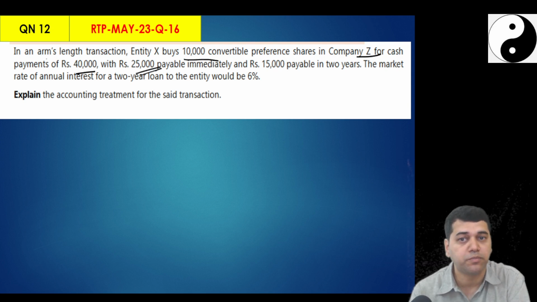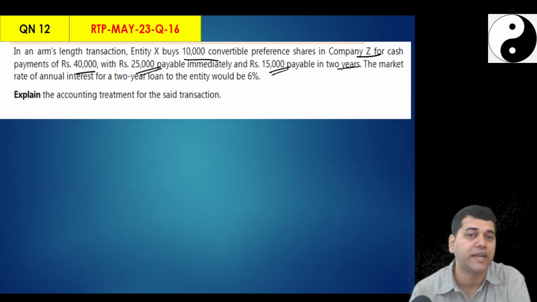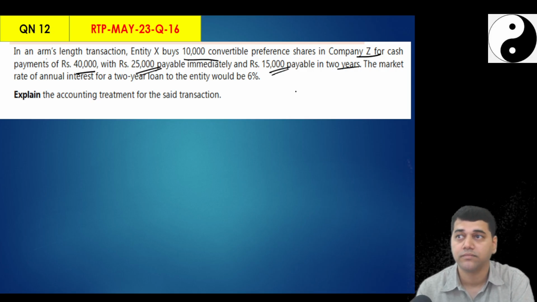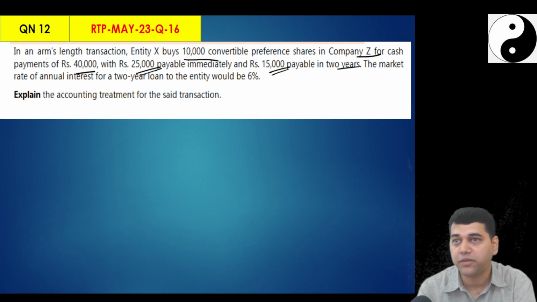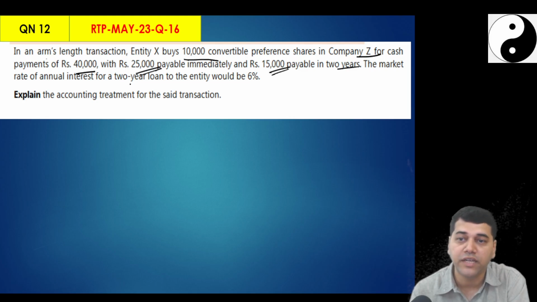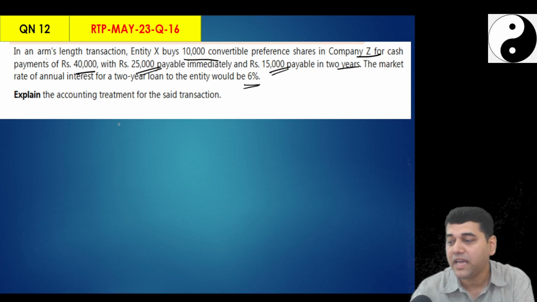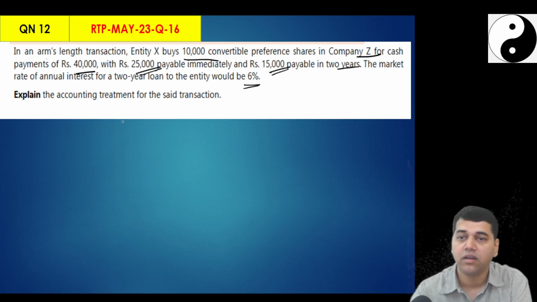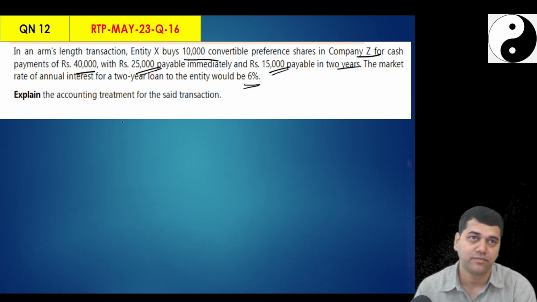So 25,000 is payable immediately and 15,000 is payable at the end of 2 years. So right now I have invested in the preference shares. The market rate of annual interest for a 2-year loan would be 6%. Explain the accounting treatment of the said transaction.